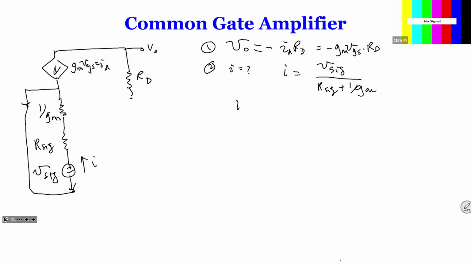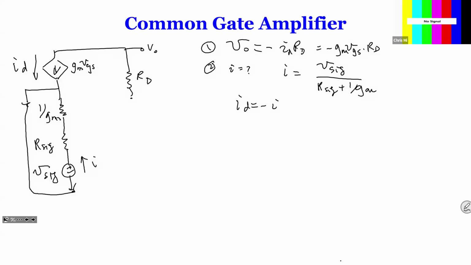we can see ID equal to minus I, because ID was defined, okay, this is clear.